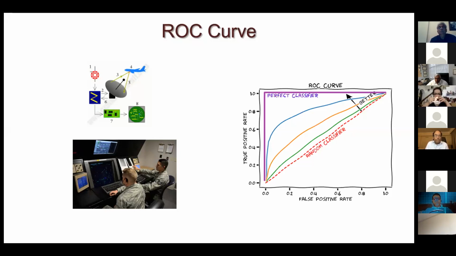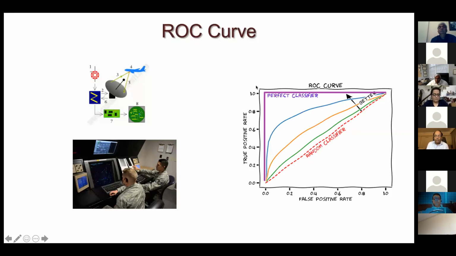So basically they had to differentiate between signal and noise, which can also be interpreted as true positive and false positive. The ROC curve draws the relationship between the false positive rate and the true positive rate.